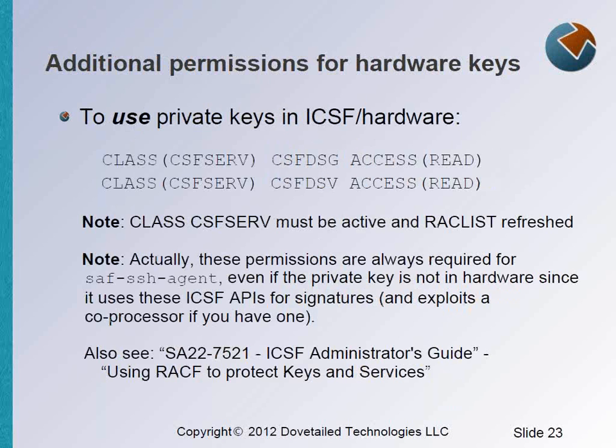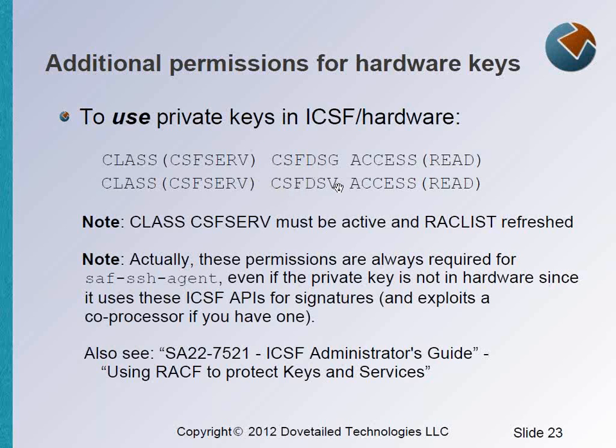If you want to use our SAF SSH agent for your user authentication, and by the way, it only works for user authentication, the agent protocol is only there on the client for user authentication. But if you want to use that, you also have to have these permissions in the CSFSERV class. This is the ICSF service.